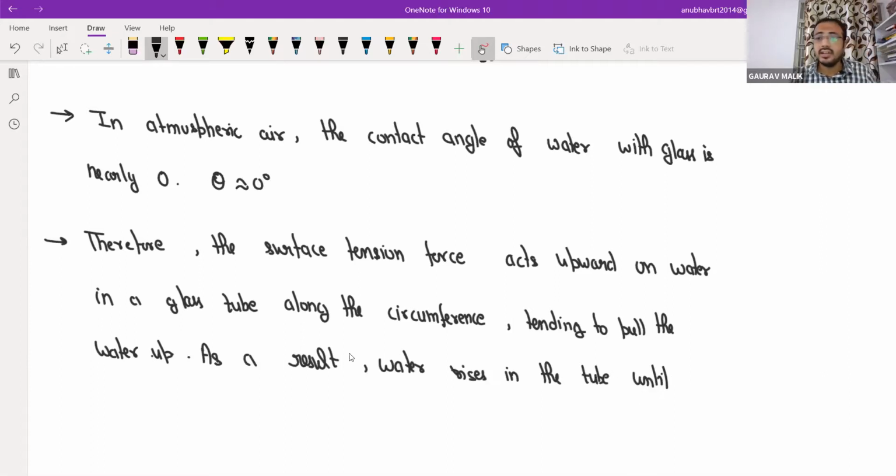Until which point will water rise in the tube? You know that derivation, na? Capillary rise or capillary depression. Till which point will it rise? I am asking a very simple question.